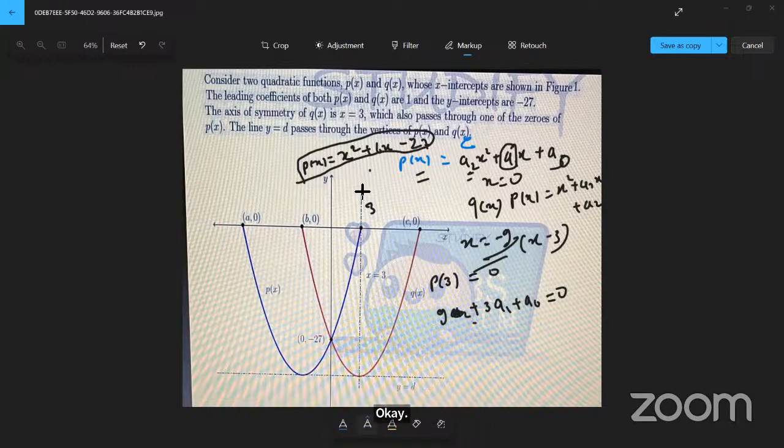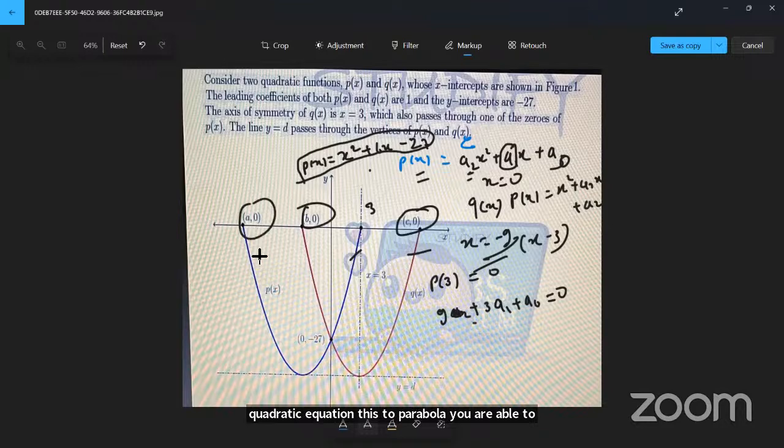You need to find the value of P(x) and Q(x) only. Once you get the value of these two quadratic equations, these two parabolas, you are able to find this value. That's it. You have the proper data to solve this question. Okay, sir, let me try.